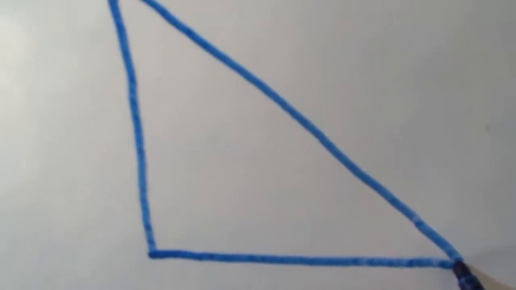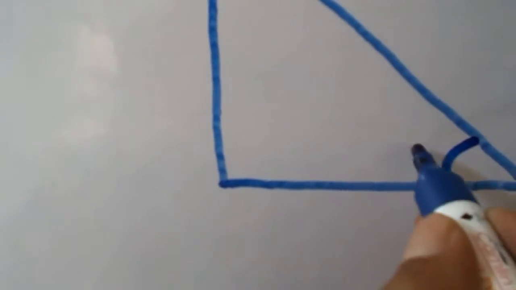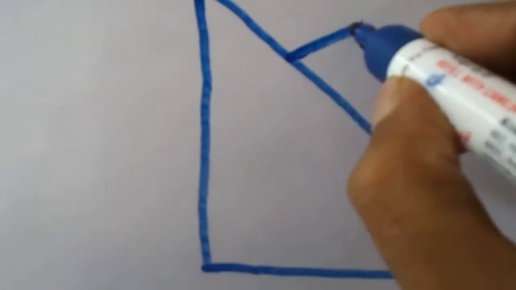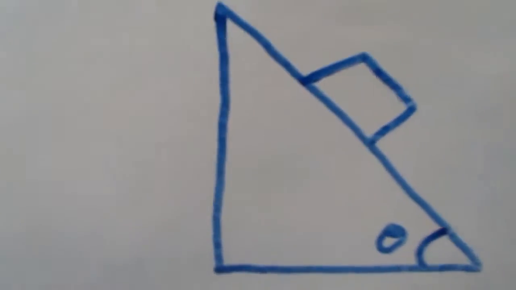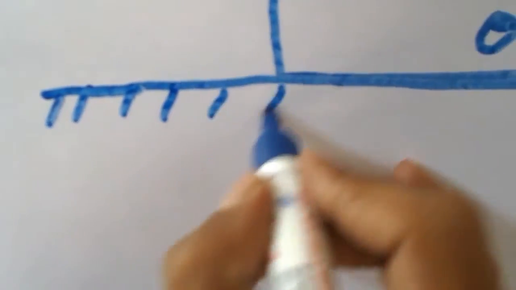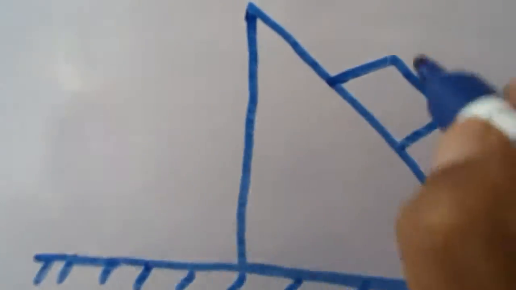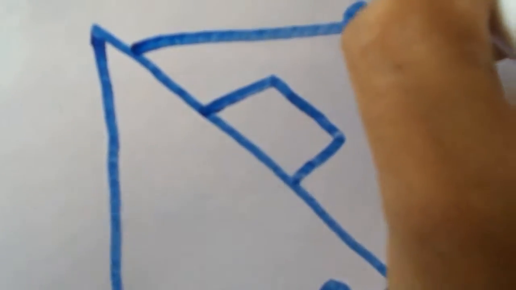This is a wedge. This angle is theta, and here is a block. This block and this wedge are moving.